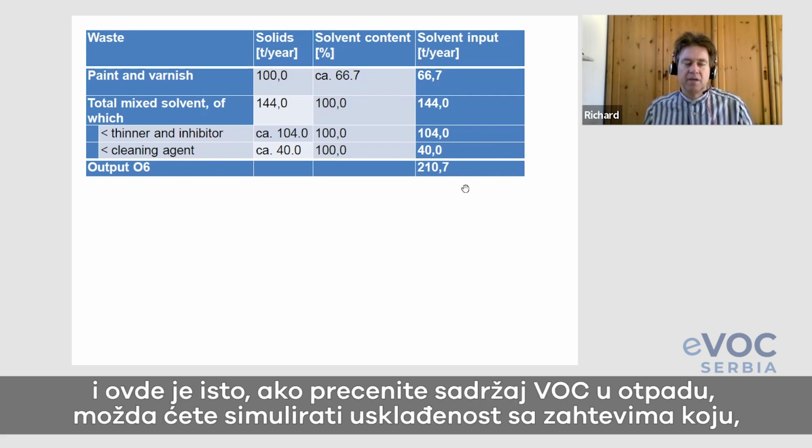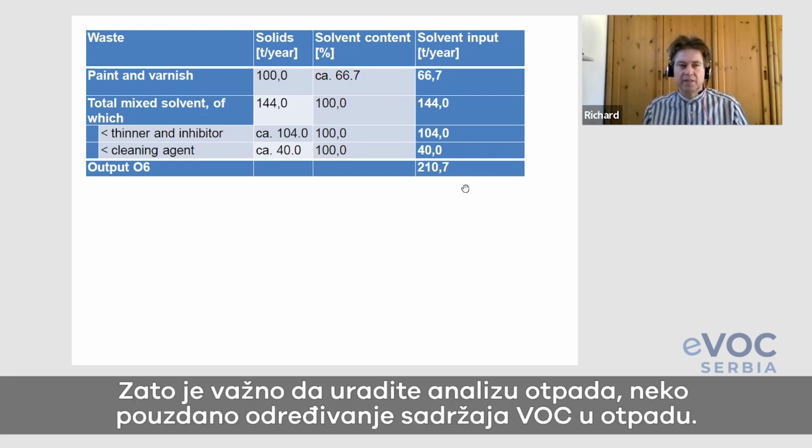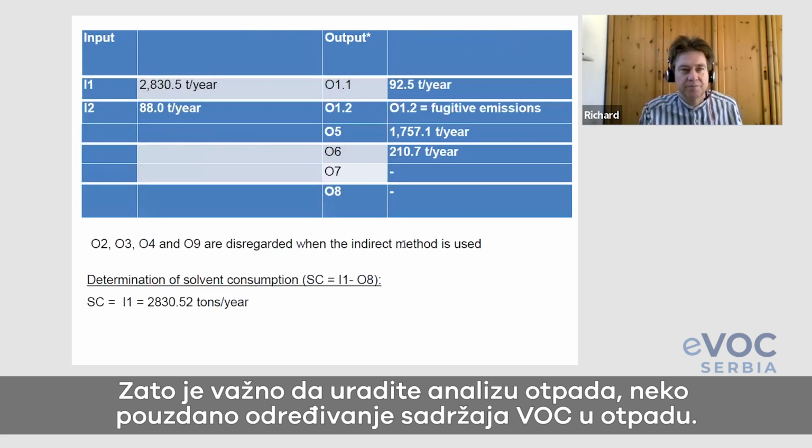Here it's the same. If you overestimate the VOC content in the waste, then of course you would simulate maybe compliance with fugitive emissions, but maybe that compliance is not given. So here it can be important that you do analysis, or you make a reliable determination of the VOC content in the waste.